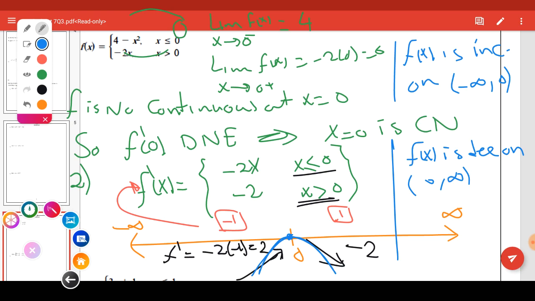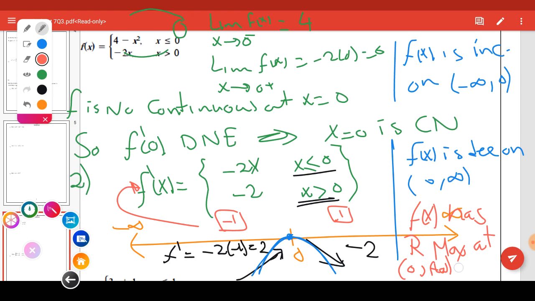In this case, I write in red: f(x) has a relative maximum at x equals 0, and f(0), replace in the original function to find the y-coordinate of the extremum.